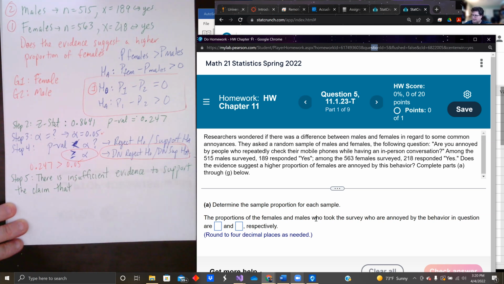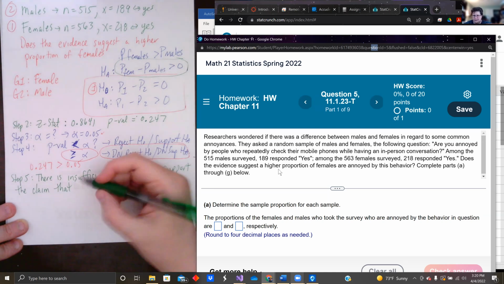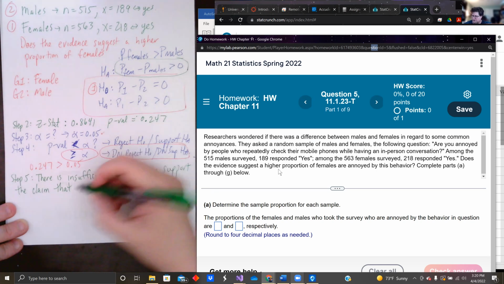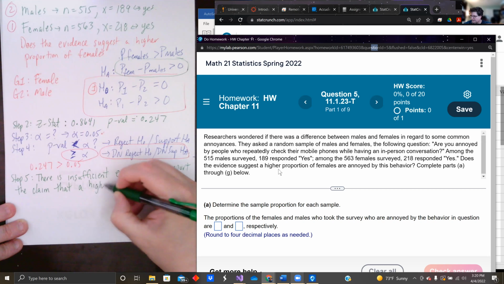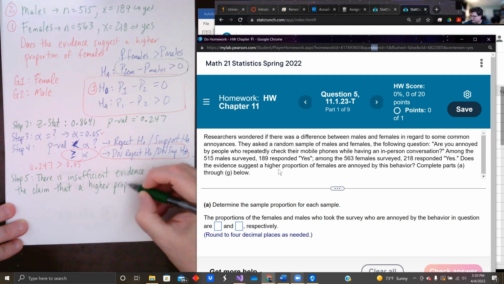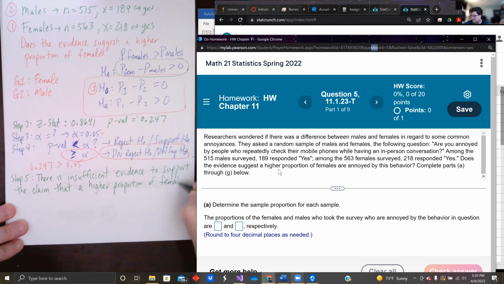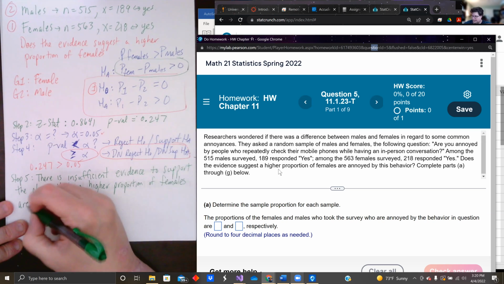And what is HA? HA is females are greater than males. So I'm coming back up to look at what I wrote down, and I'm going to try to put it in words. There's insufficient evidence to support the claim that a higher proportion of females are annoyed.